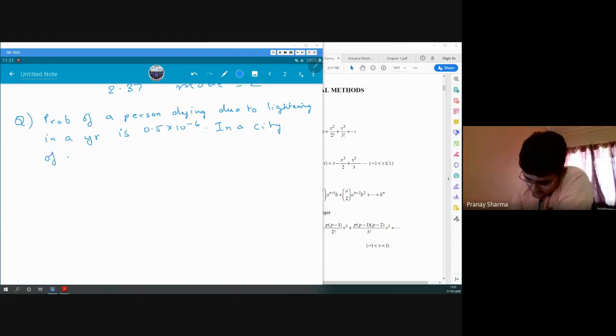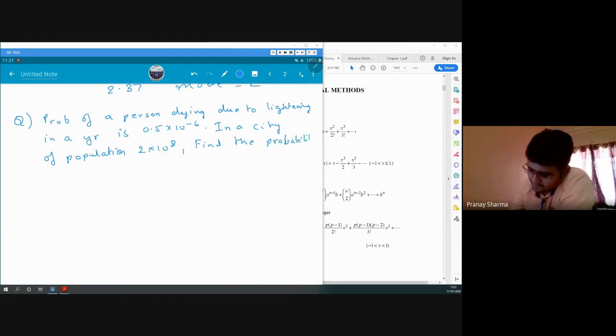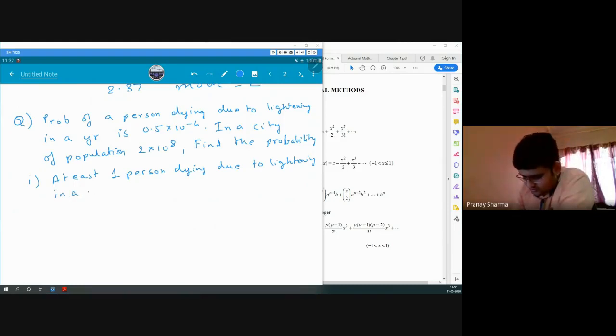In a city of population, let's take 2 into 10 raised to 8, find the probability, first, at least one person dying due to lightning in a year.